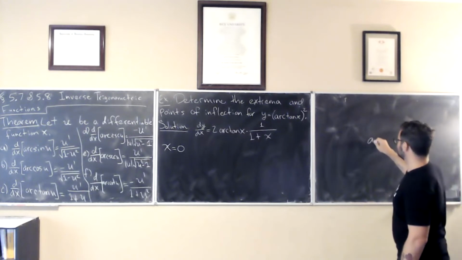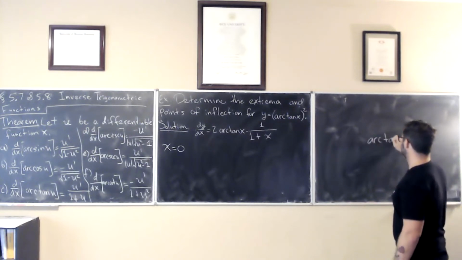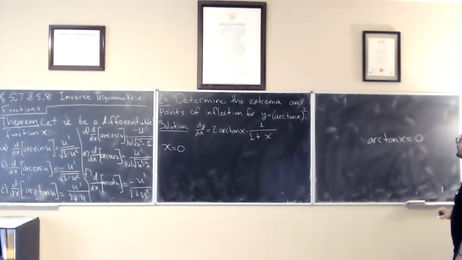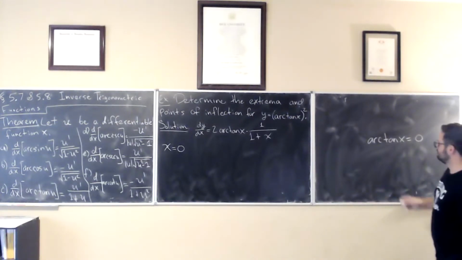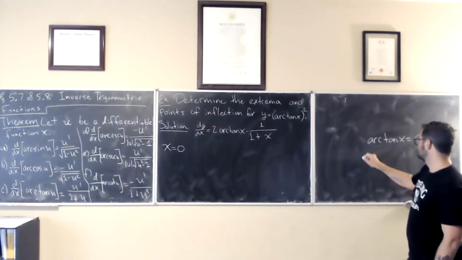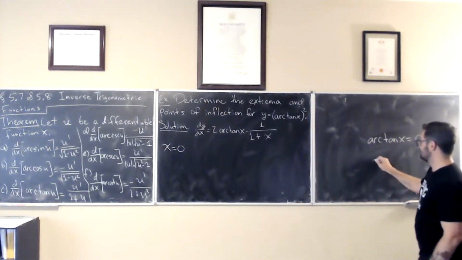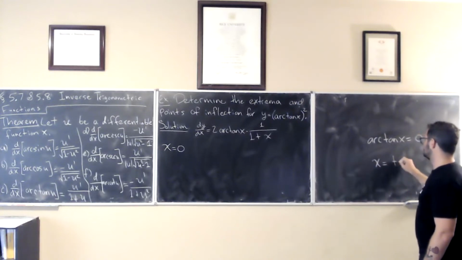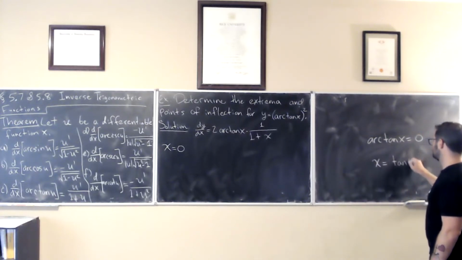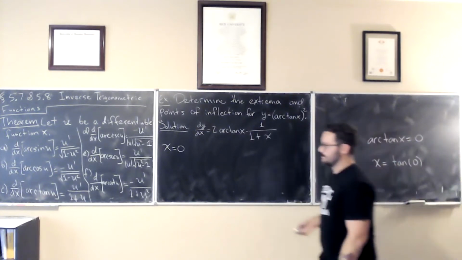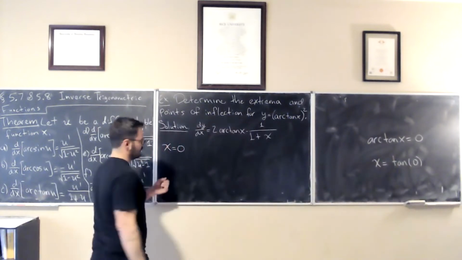So in order to figure that out, we want to know when that's the case. Well, it's the case that if you take the tangent on both sides of this, you get that x is going to be equal to tan of 0, and tangent of 0 is 0. Right? So, in fact, that's the only place where it's going to be there.